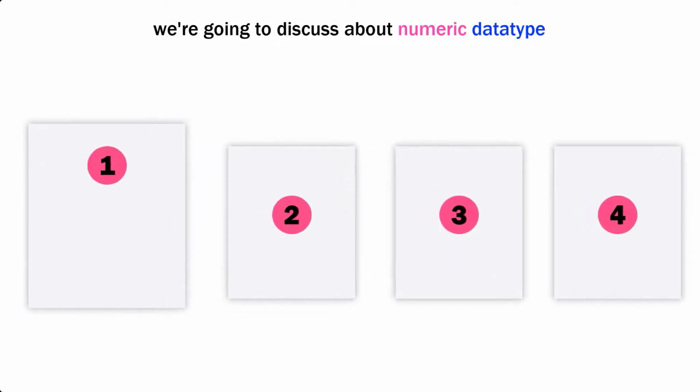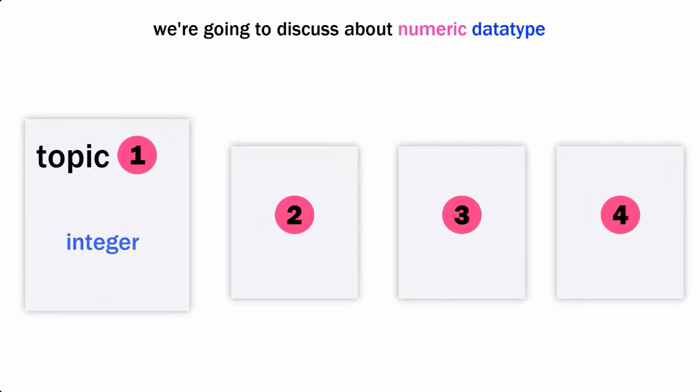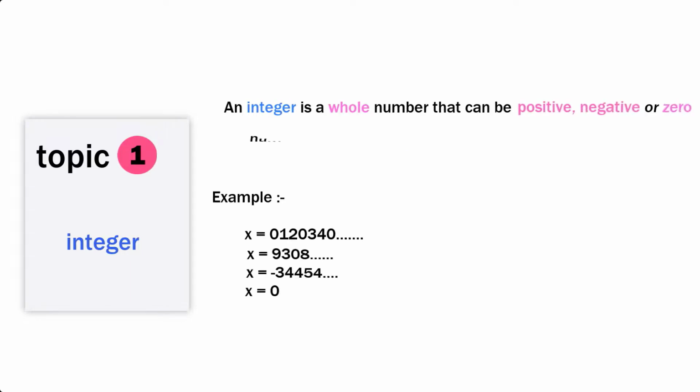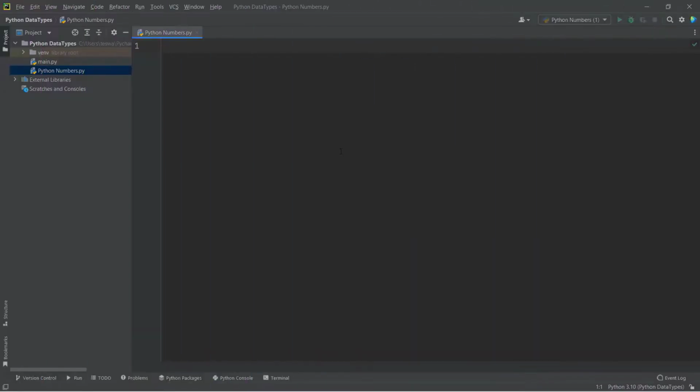First one is integer. An integer is a whole number that can be positive, negative or zero, without a decimal point. Example, here I am gonna create a simple integer, 10. It is an integer. Now store this data value in a variable, for example x equal to.